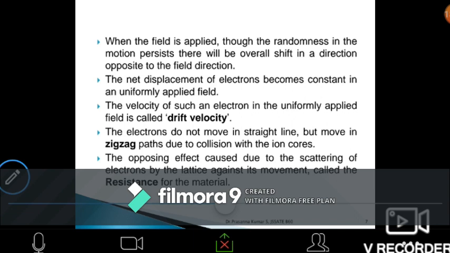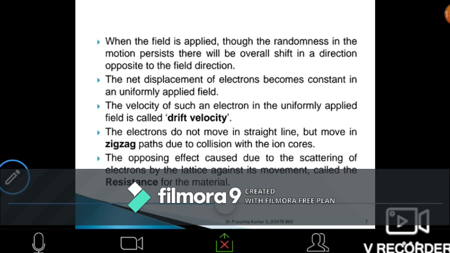And as you see, the electrons will not move in straight lines because of the lattice ions. They keep moving in a zigzag motion and finally arrive at the other side. There will be an overall transfer of electrons from one side to the other. This is actually the conductivity.